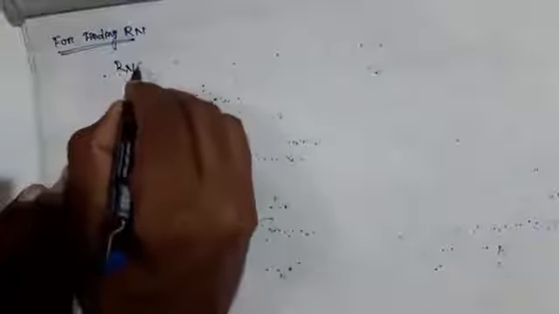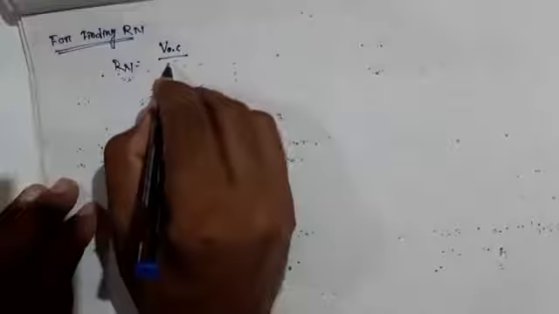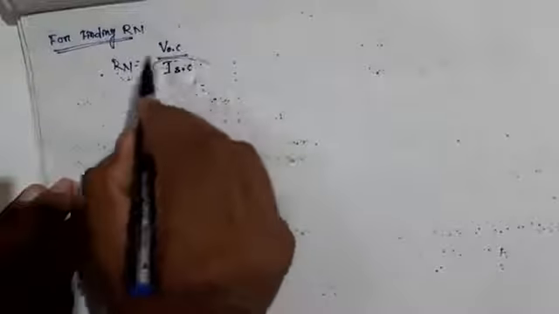We know that this Rn is equal to open circuit voltage divided by short circuit current. We already found this short circuit current, so we need to find the open circuit voltage. For finding the open circuit voltage, we need to open this AB terminal.